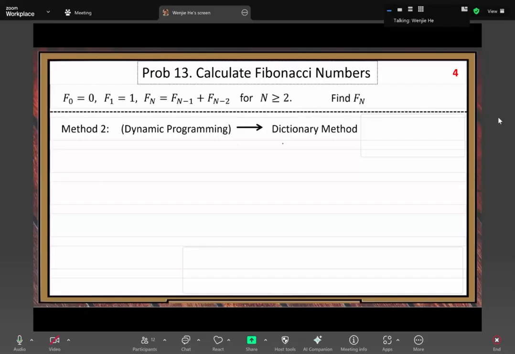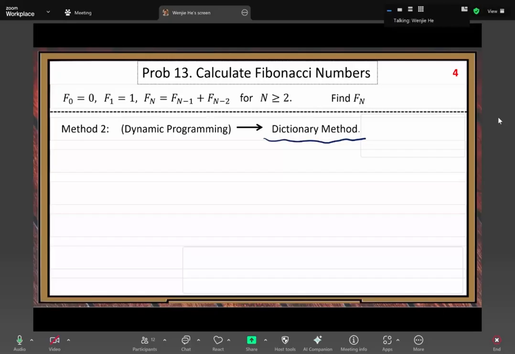Another name for dynamic programming is the dictionary method. What's the dictionary? You need to create a dictionary to store your intermediate results. Why do we call it a dictionary? Because we can look up the intermediate values in our special dictionary. That idea is pretty simple, but your intermediate results can be looked up.